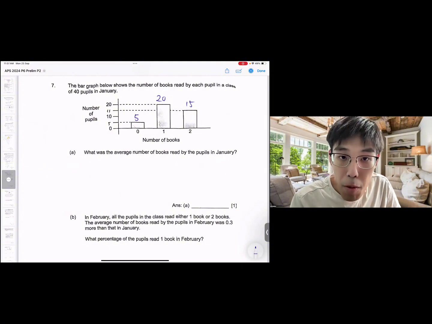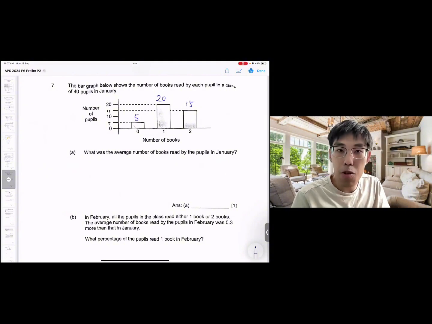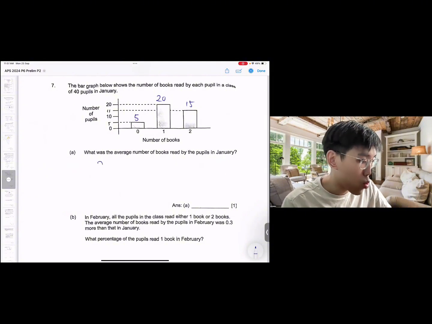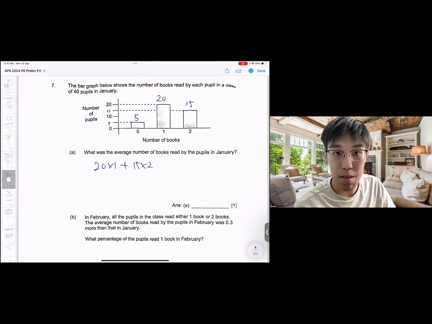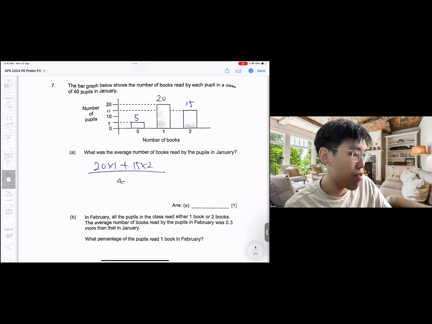So what is the average number of books read by the pupils in January? The total books is how many? 20 times 1 plus 15 times 2. That's the total number of books being read, because the 5 people don't read anything. Divide by 40.